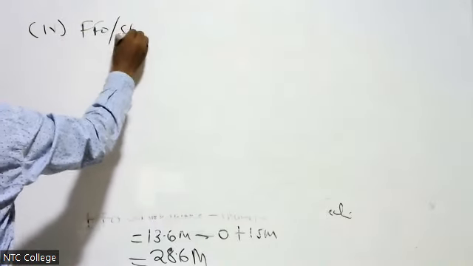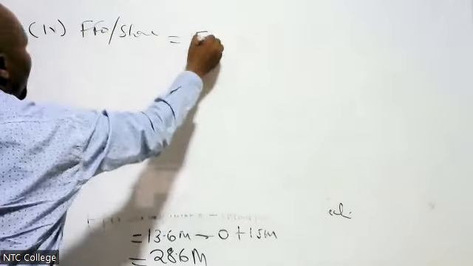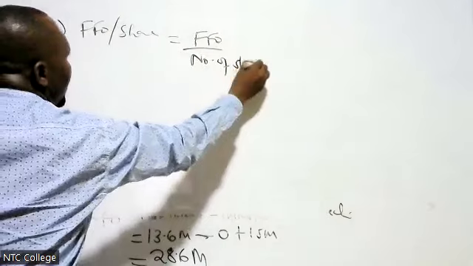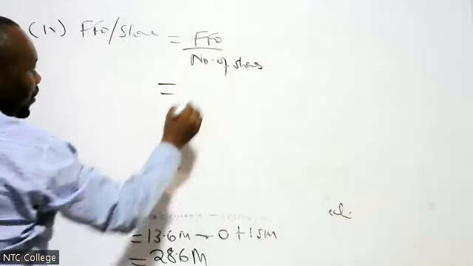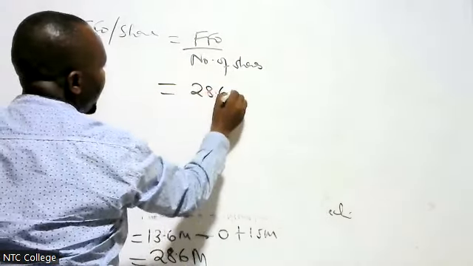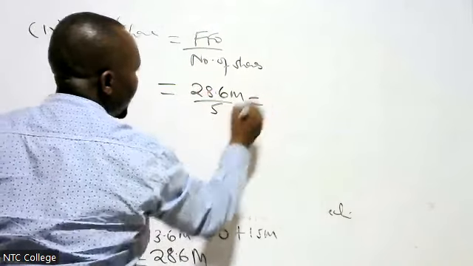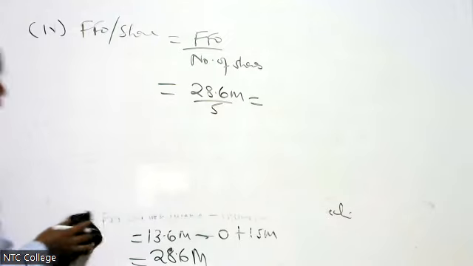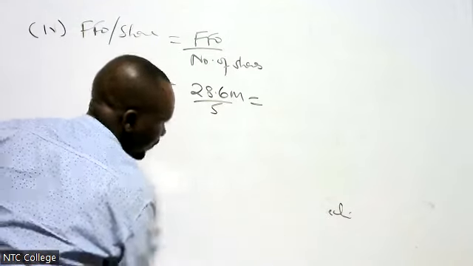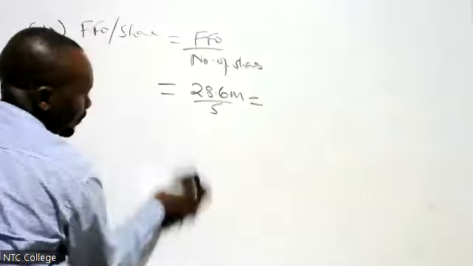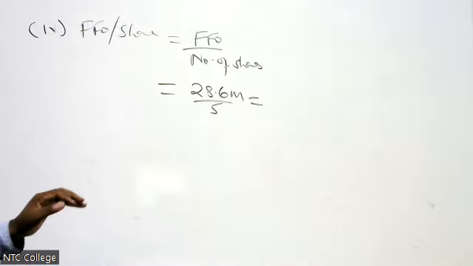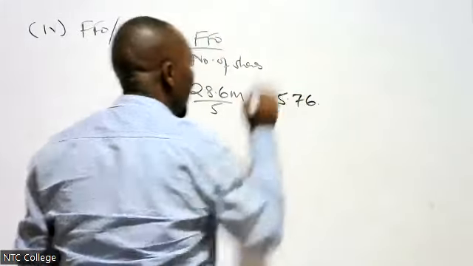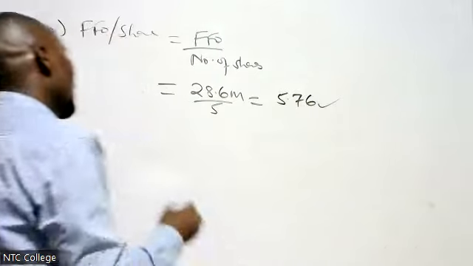FFO per share is just the FFO that you have calculated over the number of shares, which is 28.6 million all over 5. What are you getting? Get me the figure. Thank you. 5.76.